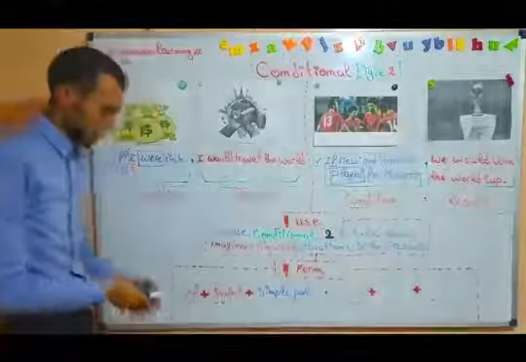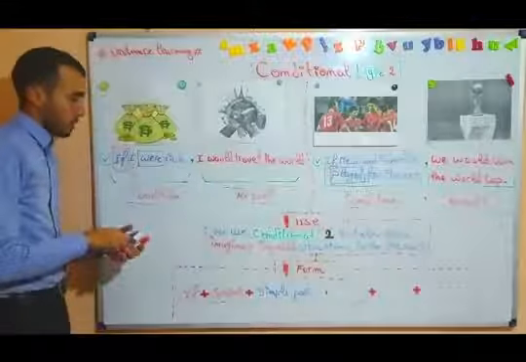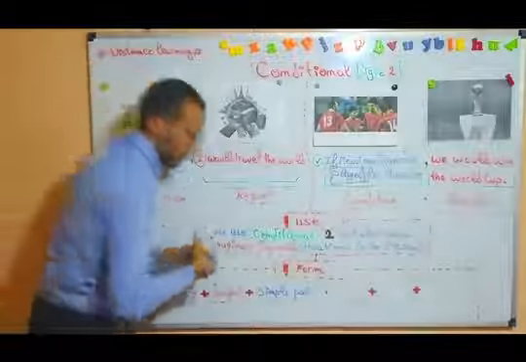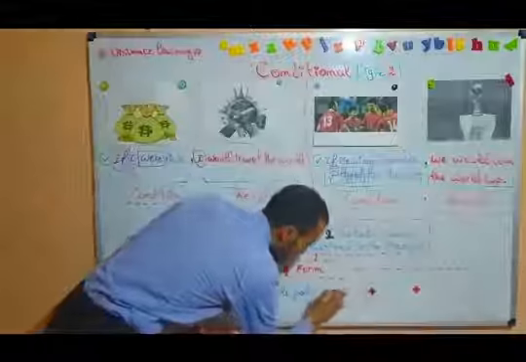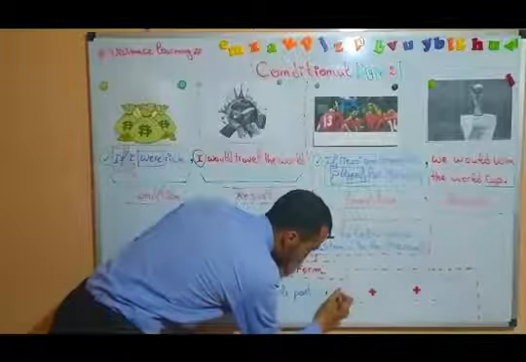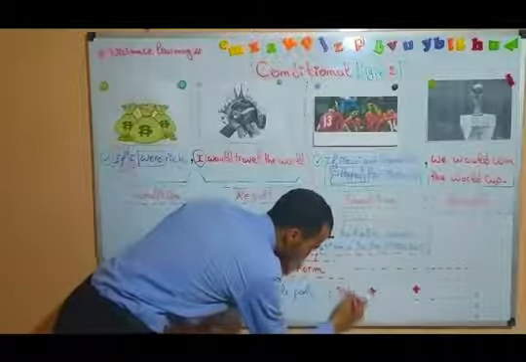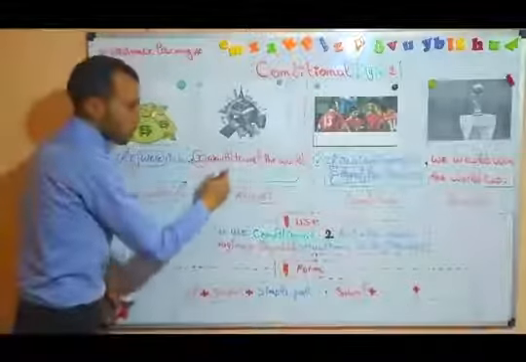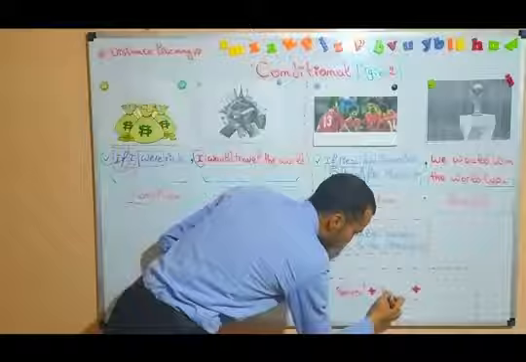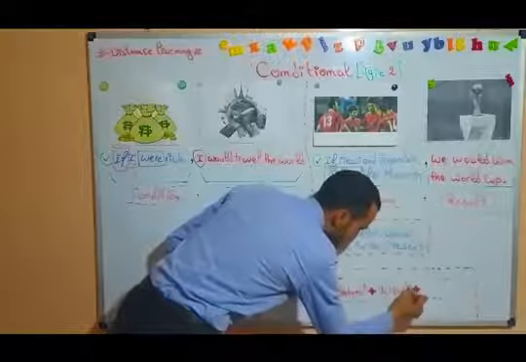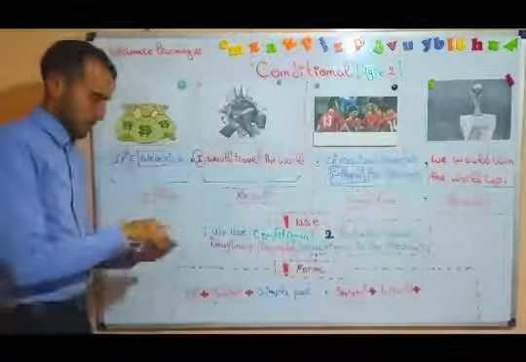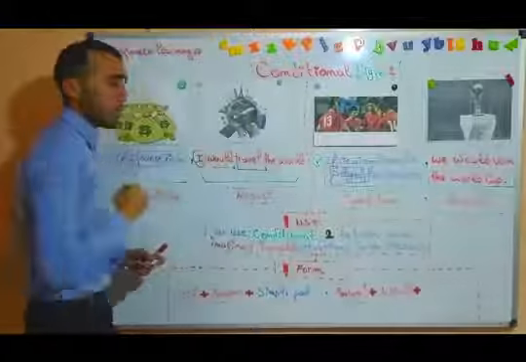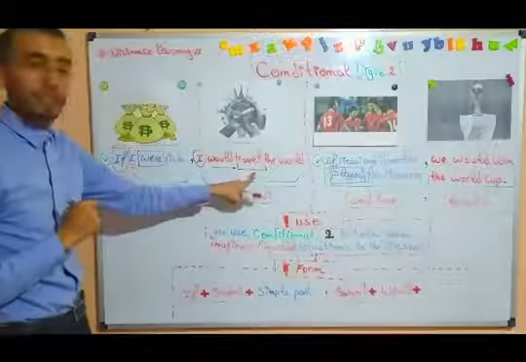So the second part starts with the subject, followed by the modal verb would, plus the verb form, which is the infinitive.